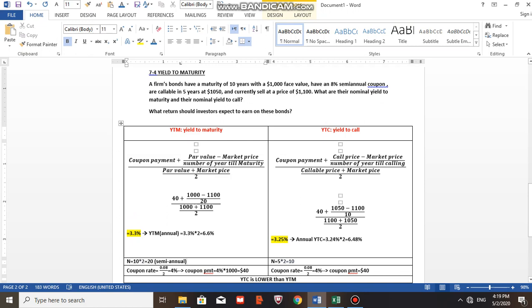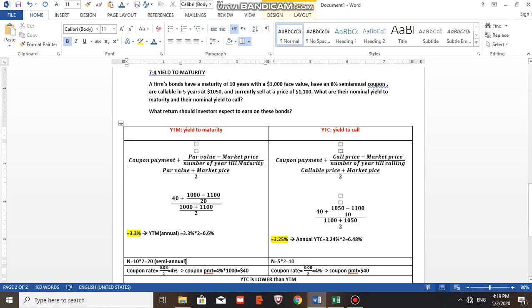In order to go back to the annual YTM, we have to multiply the yield that we get from this formula by 2. So we get 6.6%. Same for the YTC. This yield is a semi-annual yield. To go back to the annual yield, we multiply by 2 and we get 6.48%.